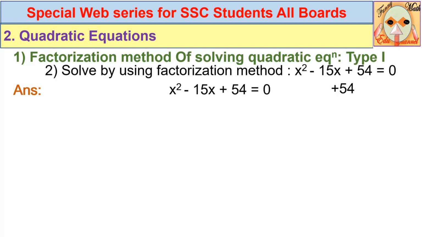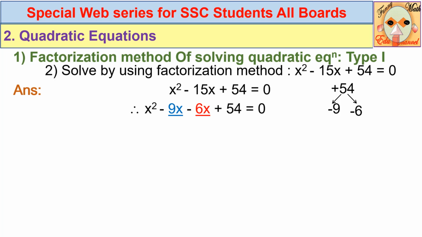That is here 27 twos are 54, but 54 as 27 and 2 does not give the addition as minus 15. So that pair we can't take. So the pair should be, what we are going to see, minus 9 and minus 6, because the product of minus 9 and minus 6 is plus 54, and the addition of minus 6 and minus 9, you get minus 15.